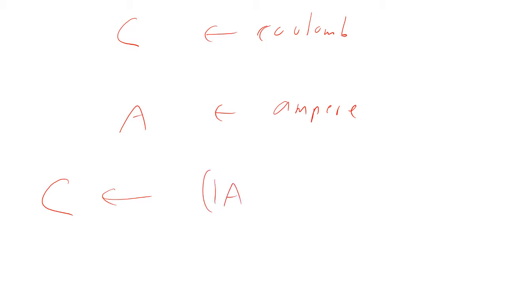So 1 ampere times 1 second equals 1 coulomb. We actually define the ampere as the SI unit of current, and the coulomb is derived from the ampere. I know an ampere is a coulomb per second, but the ampere is actually the defined thing.